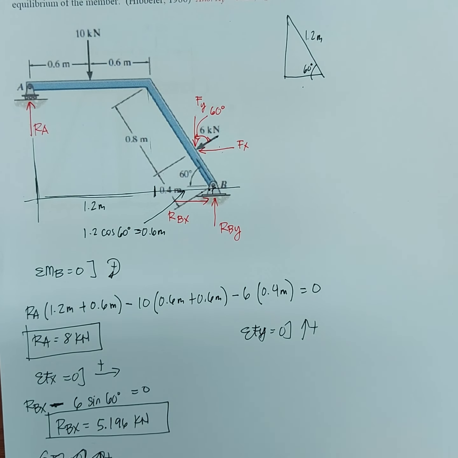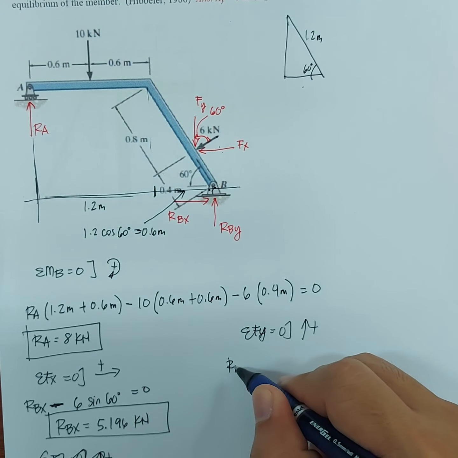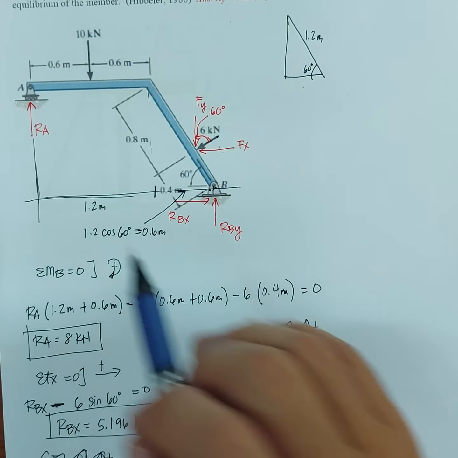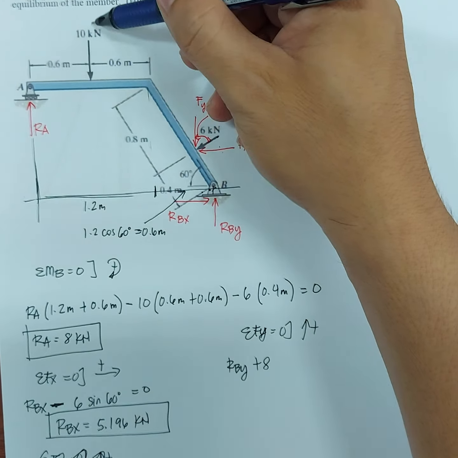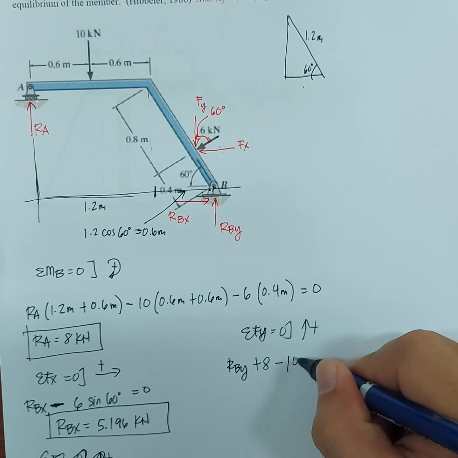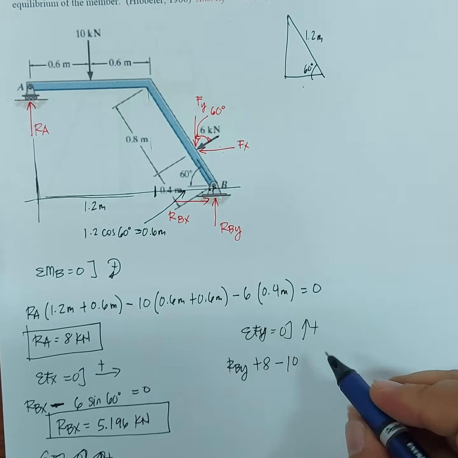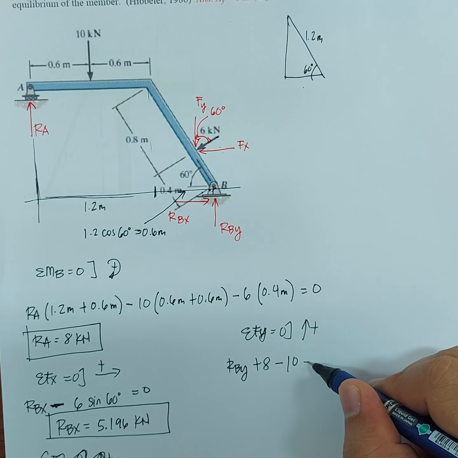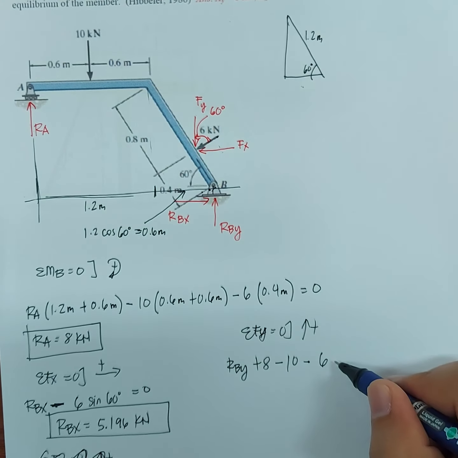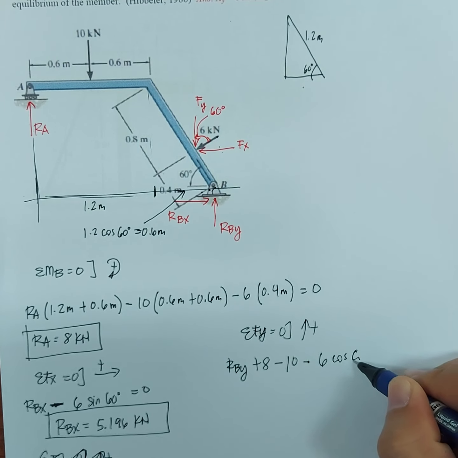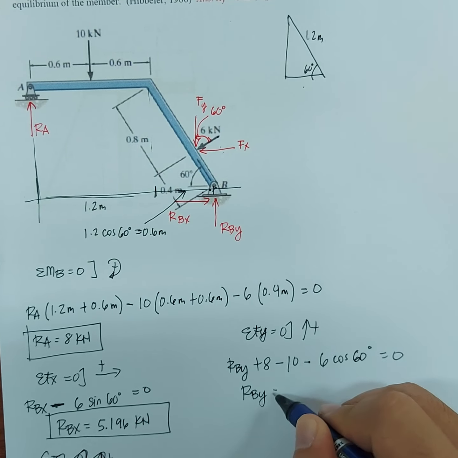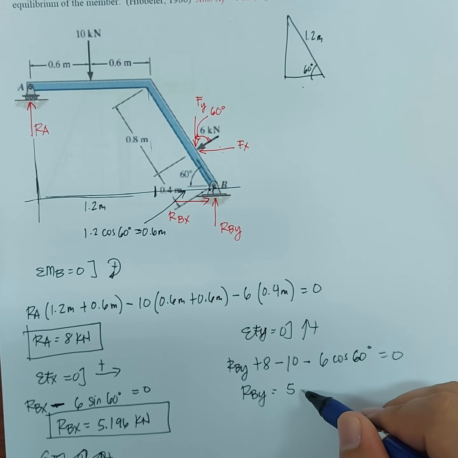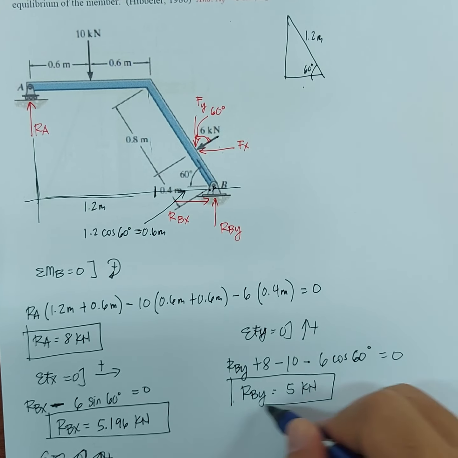RBY, we have assumed it to be upwards. So RBY. Ano pa? RA is also upwards. So plus 8. And then we have the 10 kilonewton force downwards, so minus 10. And then we have Fy to be downwards, minus 6 cosine of 60. Meron pa ba? Wala na. So, equate that to 0. So, RBY is equal to 5 kilonewtons.